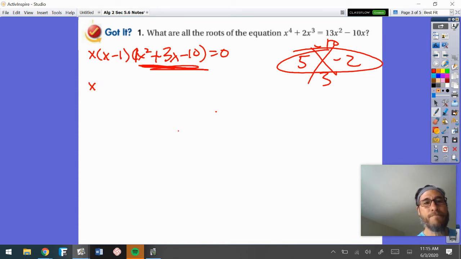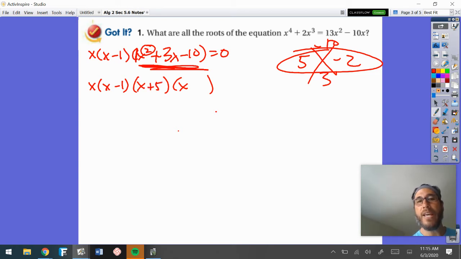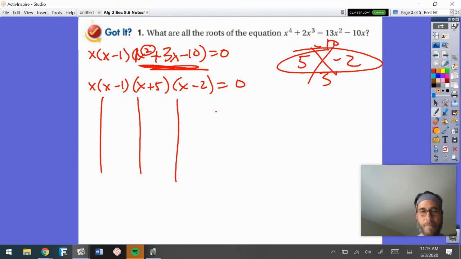So I have your x. I have an x minus 1, and this guy factors down to 2 guys. That's an x squared, so it's an x and an x, because an x and an x makes an x squared. And then you have a plus 5 and a minus 2 equals 0. And then what do? Well, you've got split, split, split, right? Those are your answers. First guy is just x equals 0. Well, we knew that from earlier.